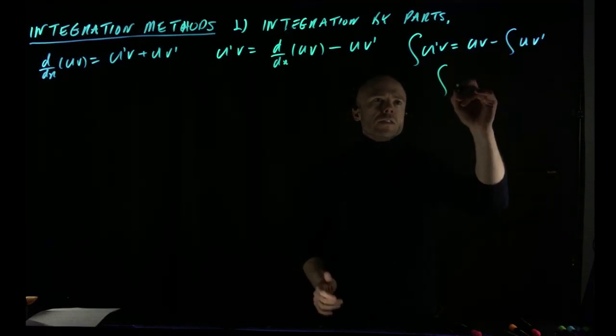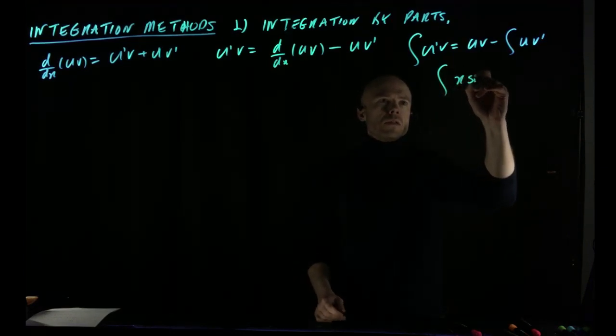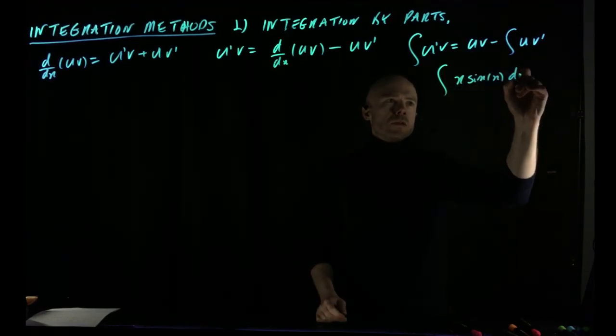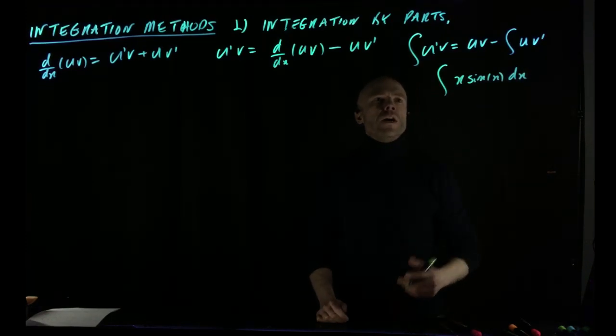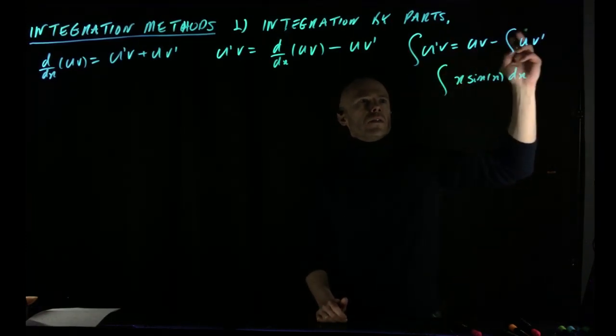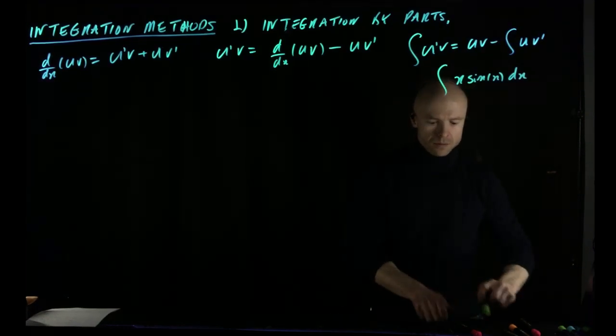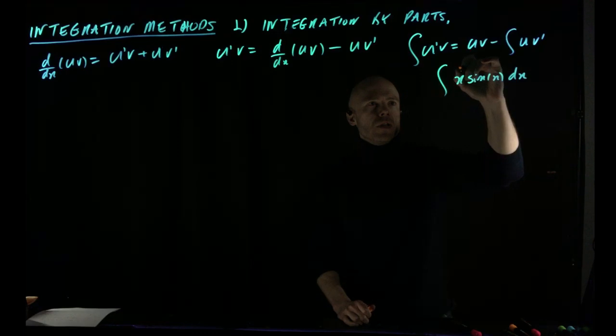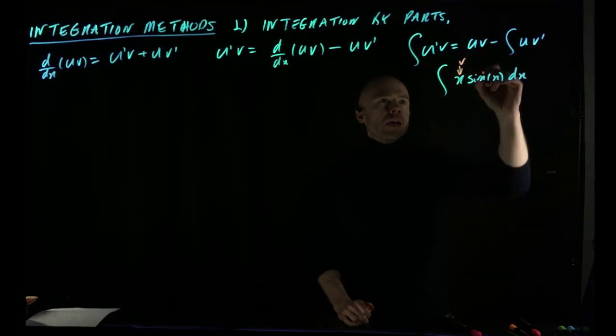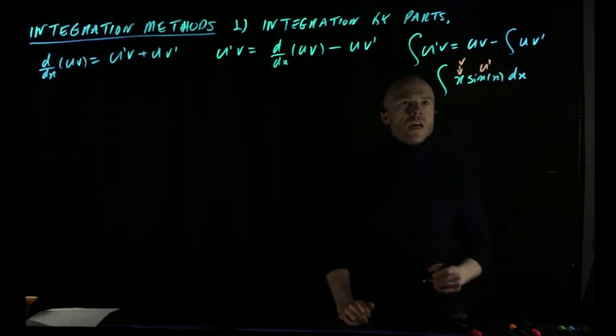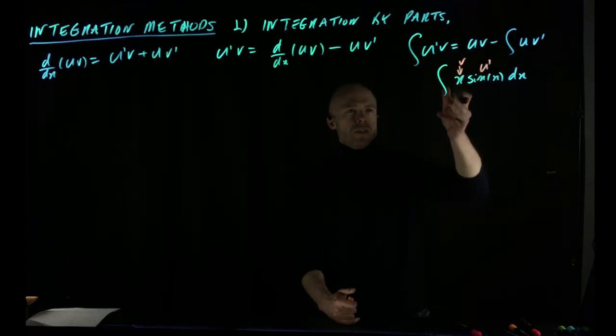So a classic easy example would be this, right? If we let v be this guy and u prime be this guy, if we go to v prime, it's easier, we just get 1.